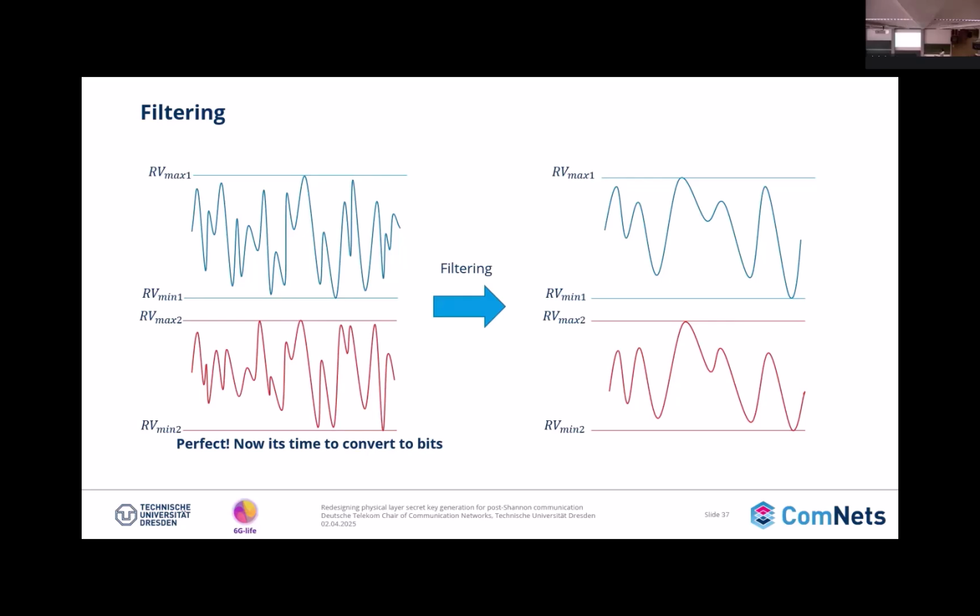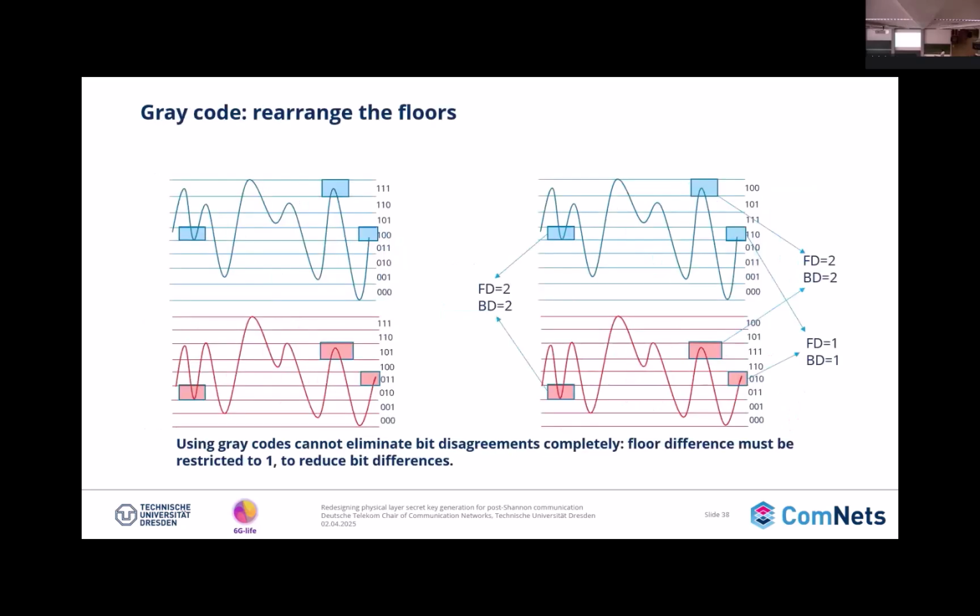So we filtered the signal at both random variables, and then we performed the same plotting of the bits, and we noticed that the floor differences considerably reduced, and this was a good sign.